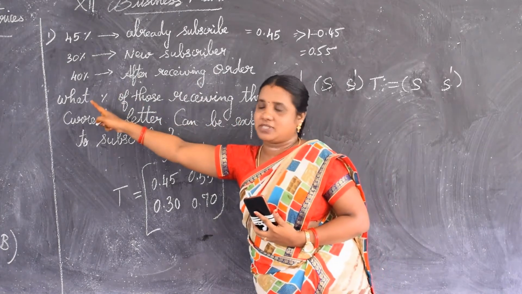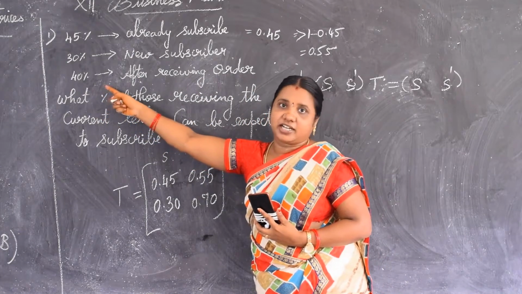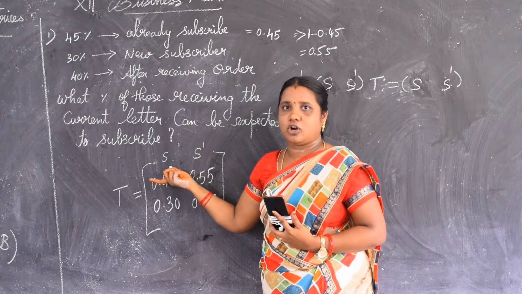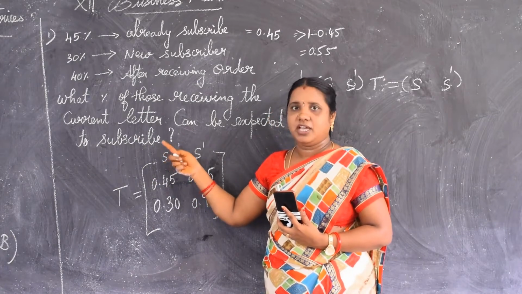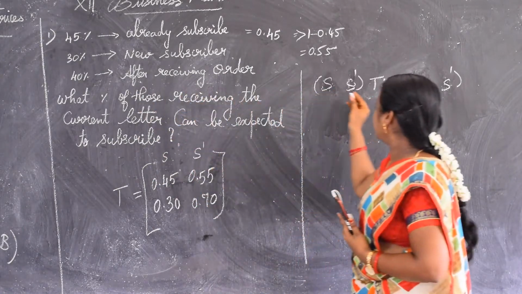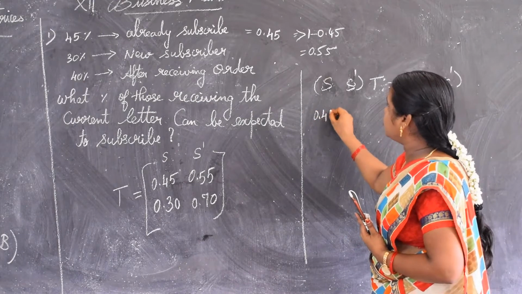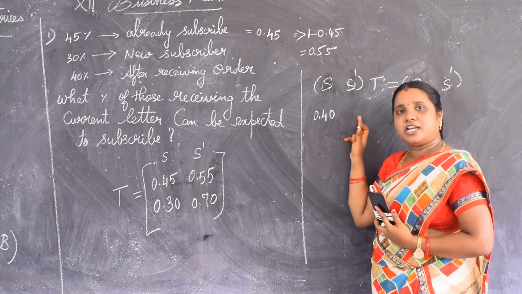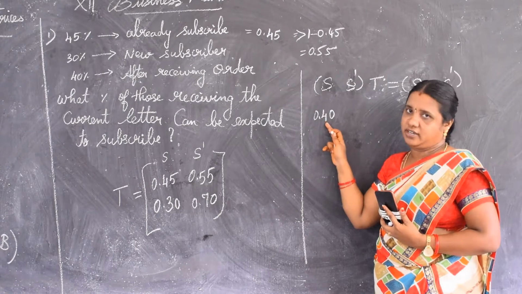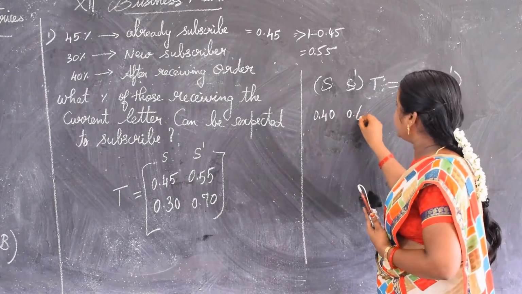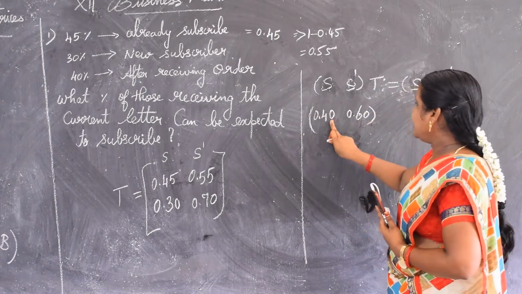How many of them have subscribed? 40%. What do we need to find? How many of them are expected to subscribe? This is what we are going to find. So 40% means here you can write 0.40. Then the remaining, not subscriber, you have to subtract this from 1. Then what do we get? 0.60. This is S, S dash.